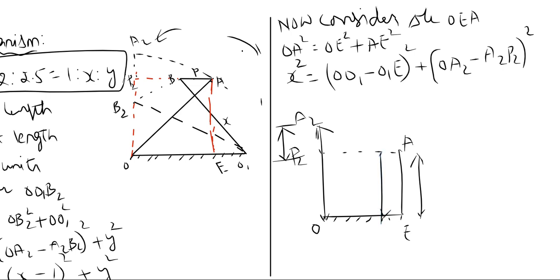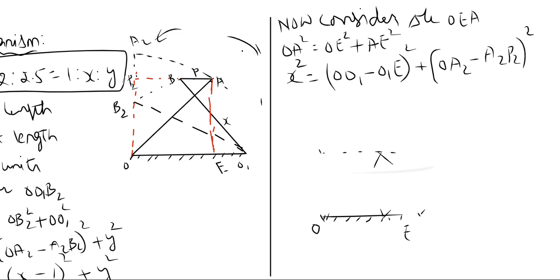So I'm writing AE square as OA2 minus A2P2. Hope you understood this step. Now this will be x square. Here OO1, the total length, will be y minus next O1E.